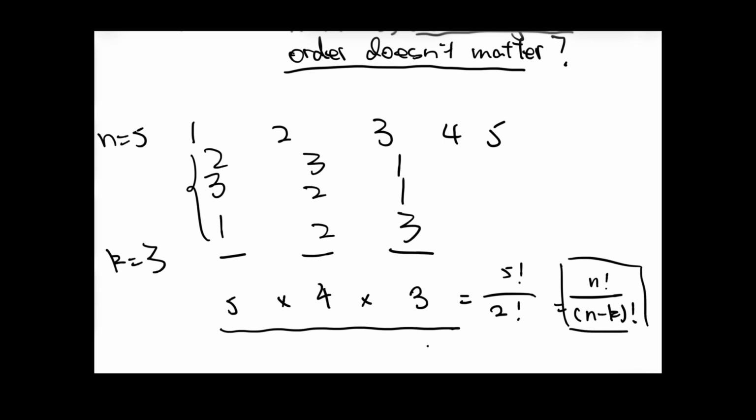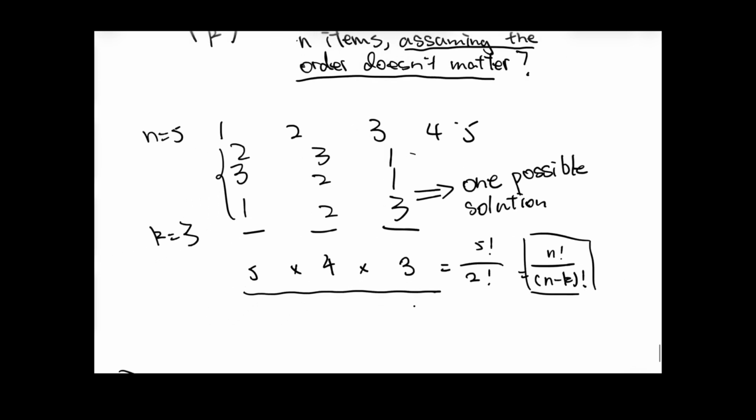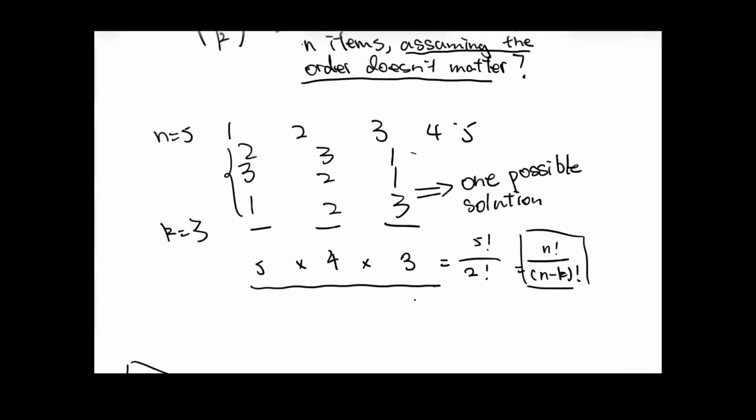But if we say the order doesn't matter, we've got to view all of these as one possibility. Since order doesn't matter, we're just looking at what we actually have: one possible solution. So basically, we're overcounting the possibilities by not ignoring the order.